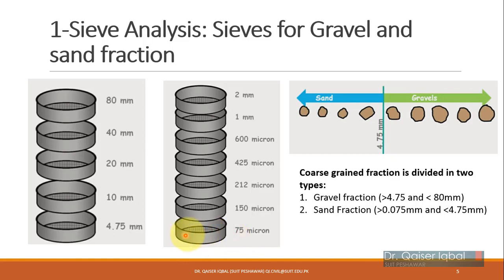So any material which passes through this sieve will be considered as silt or clay, and for further particle size distribution for this which is passing through this sieve, we will be using the hydrometer analysis, while the fraction of the soils which are retained on these sieves will be known as gravels, and the fraction of the soil which are retained on these sieves will be known as sand.